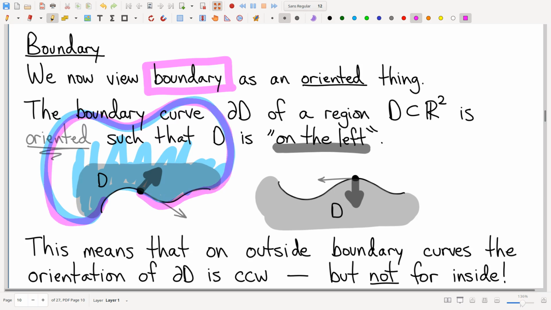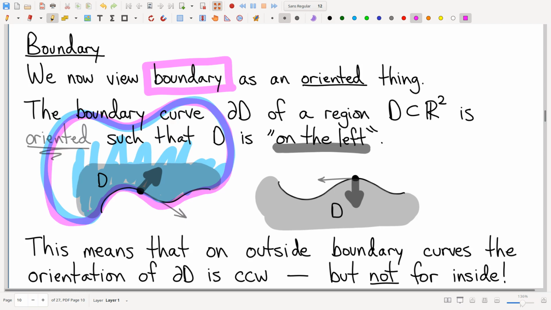It's the dividing line between D and not D. It's a pretty fundamental natural geometric idea. I'm going to go ahead and assume you know this idea of sort of a border, I guess you might call it. Okay. We're going to have to adjust that idea in this course.